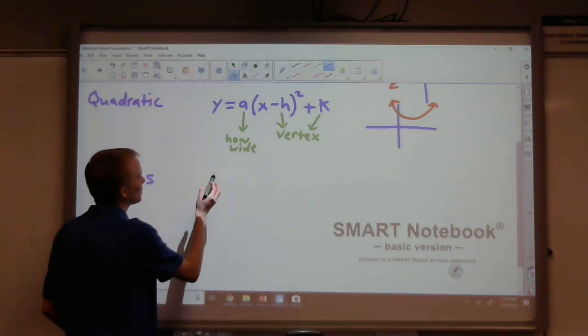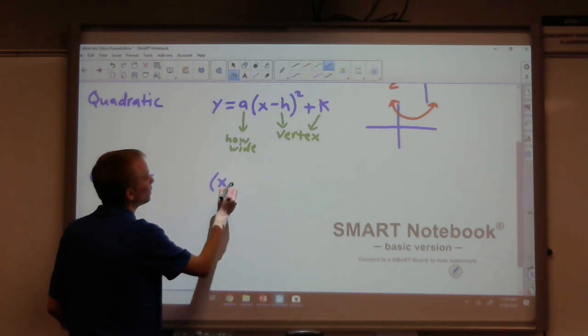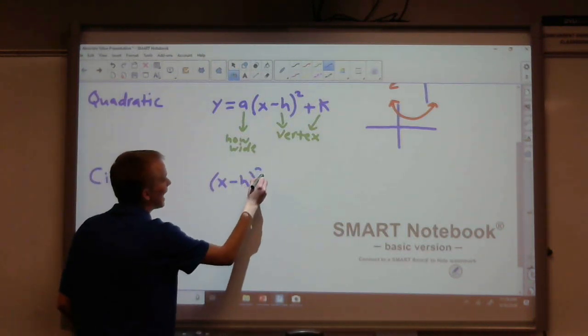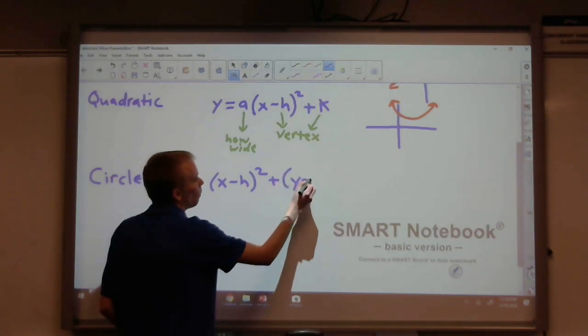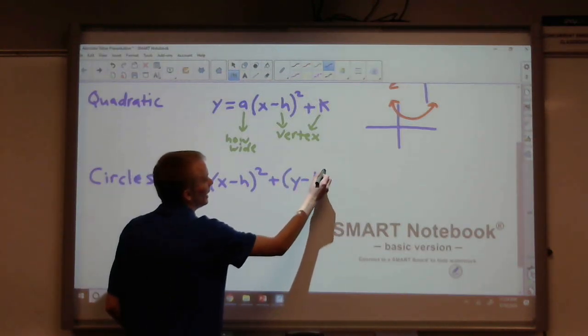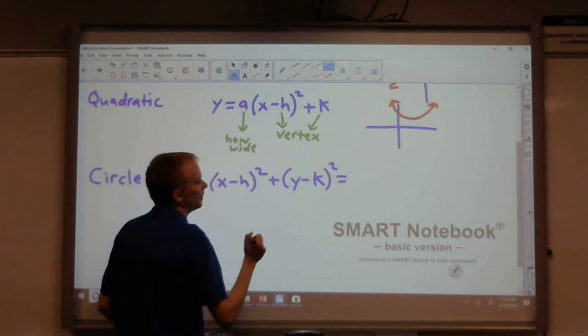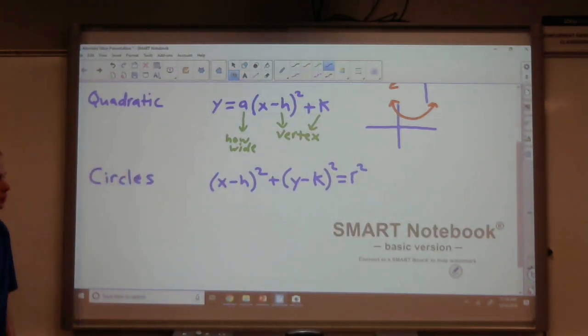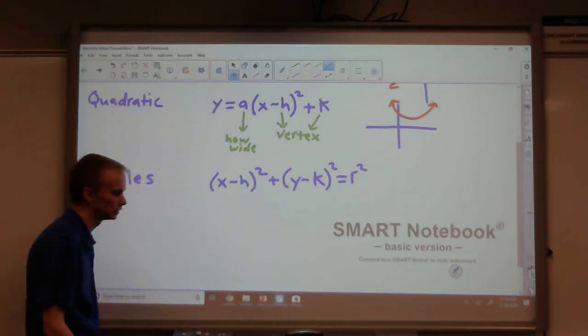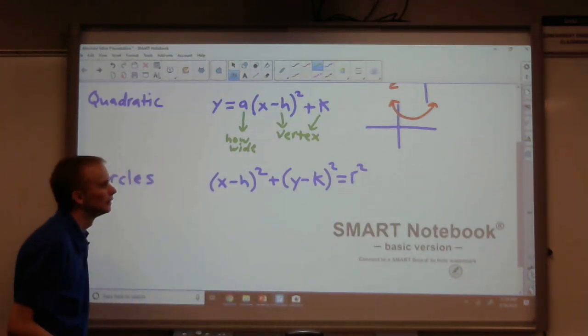And that was, we have (x minus h) squared plus (y minus k) squared, and this was equal to the radius squared, right? This was our most general equation of a circle, okay?